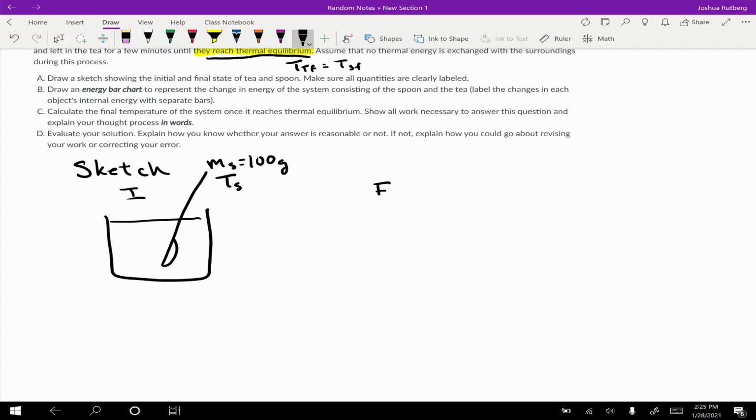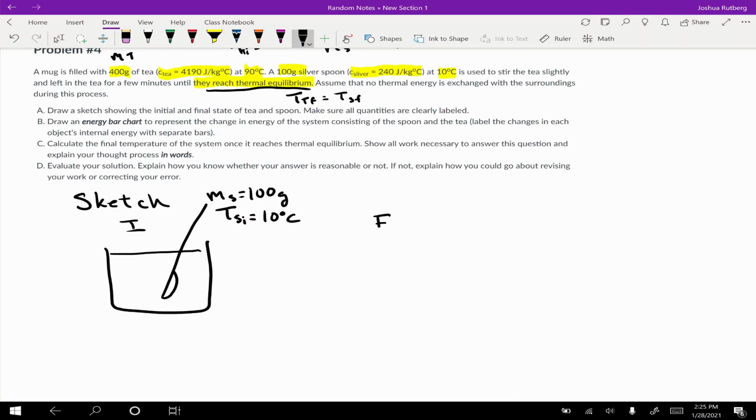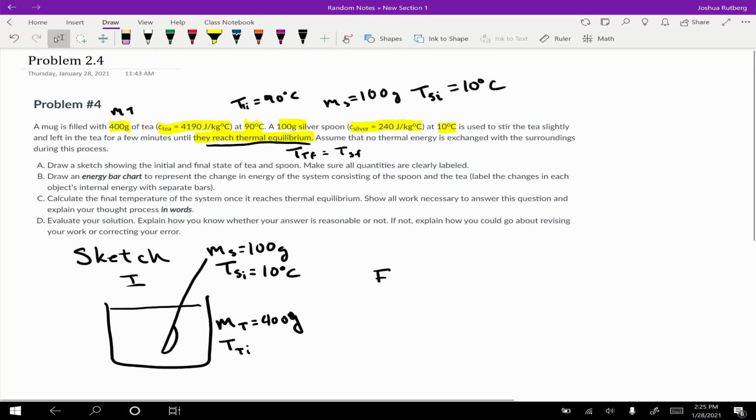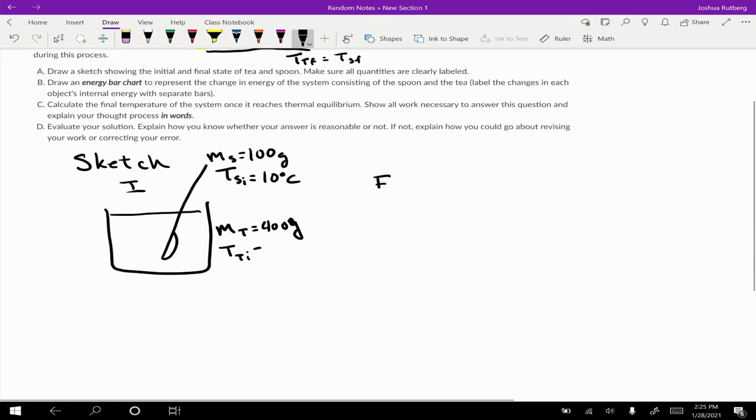The temperature of the silver is 10 degrees Celsius. We have the mass of the tea, 400 grams, and the initial temperature of the tea is 90 degrees Celsius.